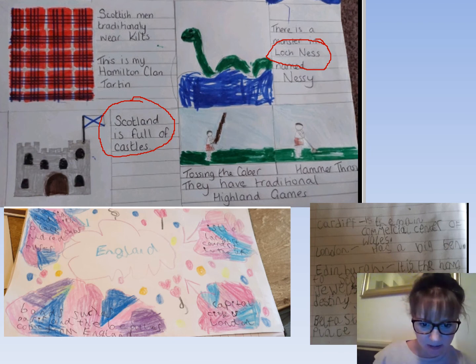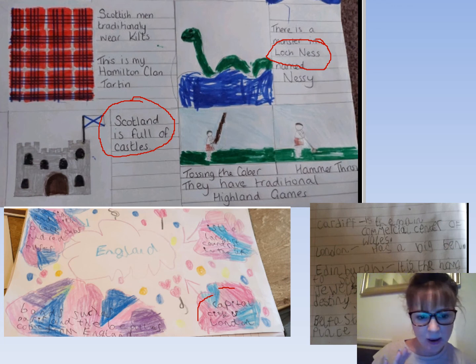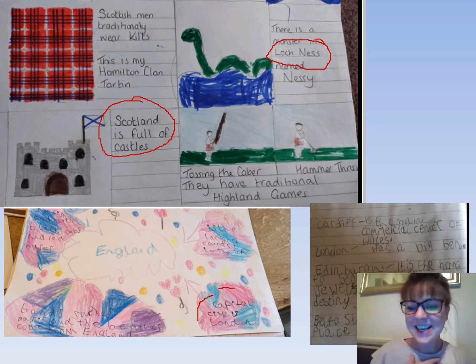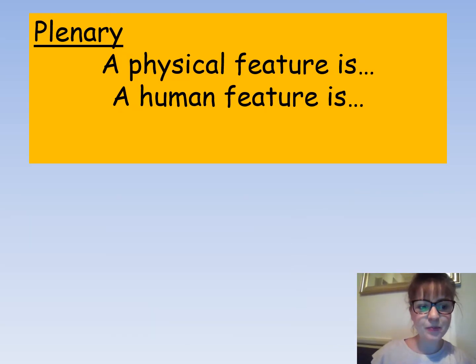And we have Eleanor's poster here. Now, she speaks about England. She talks about the capital, but there's no real landmarks on here. She talks about facts about things that were famous in England. So, Eleanor, what you might want to do is, on a different piece of paper, write down some of the features that you know from England.